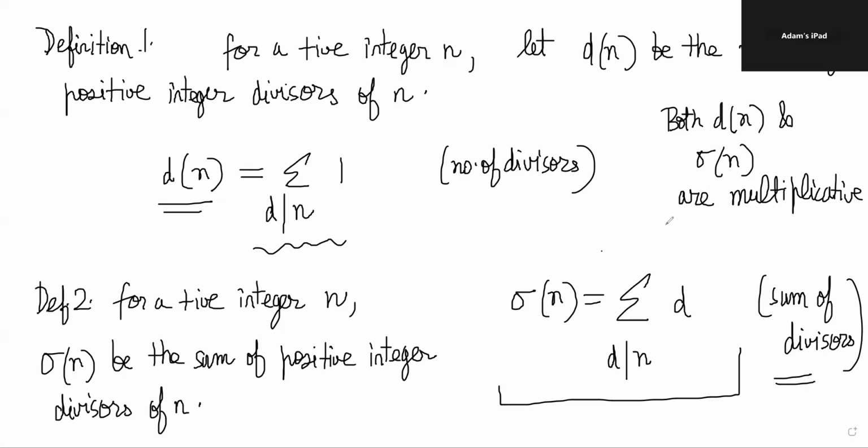So from there, you can easily show that d of n can be written as alpha 1 plus 1, alpha 2 plus 1, and so on till alpha k plus 1, where n was equal to p1 to the power alpha 1, p2 to the power alpha 2, till pk to the power alpha k.